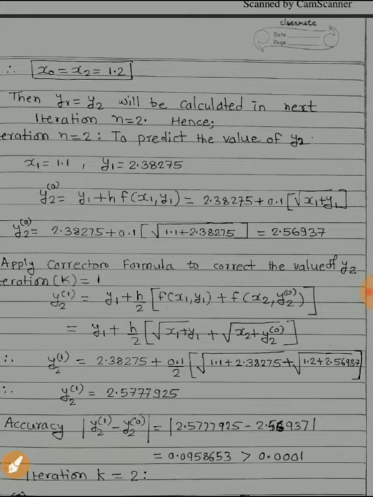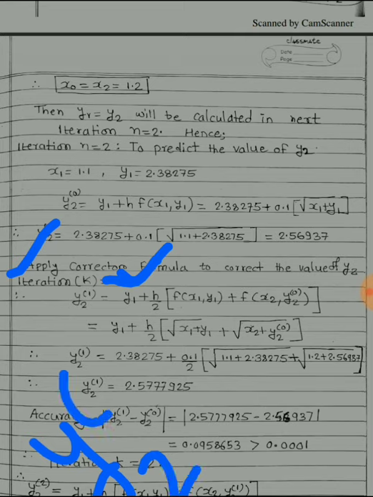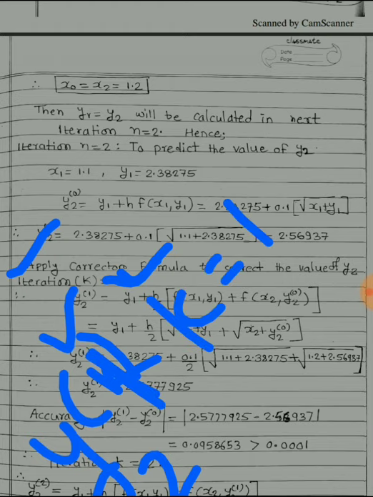If it is not correct, I need to correct it, so apply the corrector formula. For the first iteration, I have written y2 raised to power 1, so k is equal to 1 here.